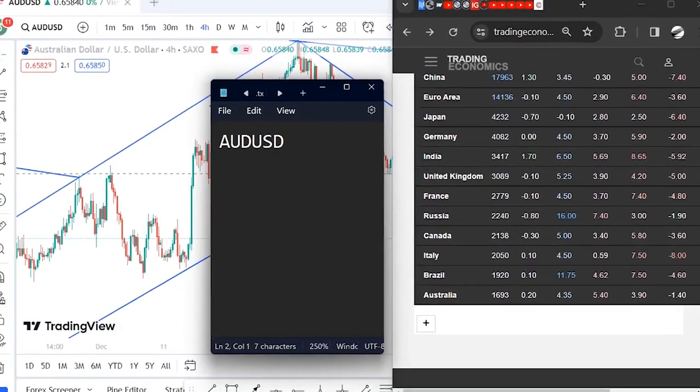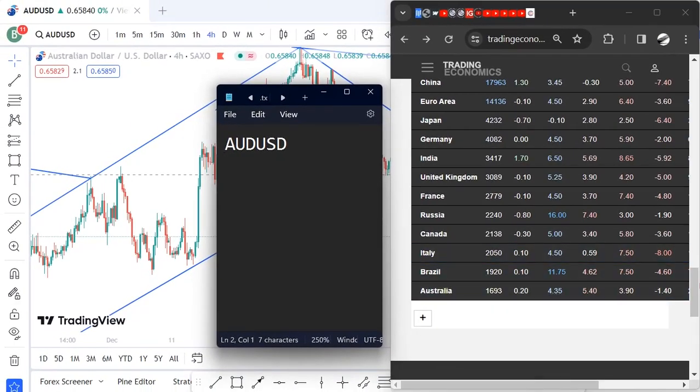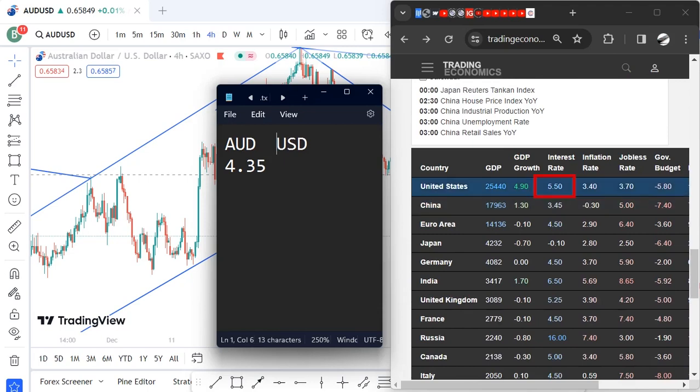So what it means is that the interest rate for Australia is 4.35. So let's go check that of USD, United States, and here it is 5.50.